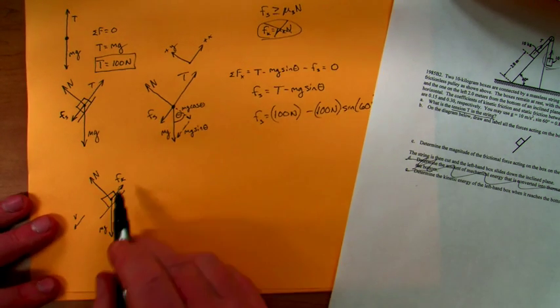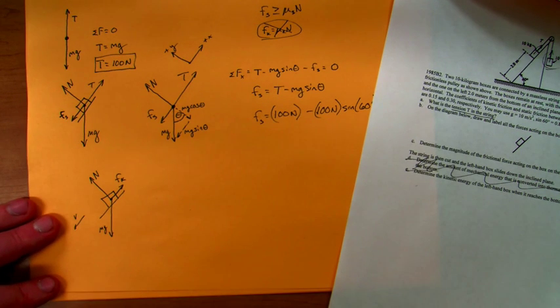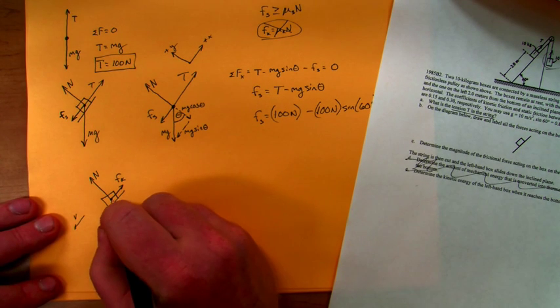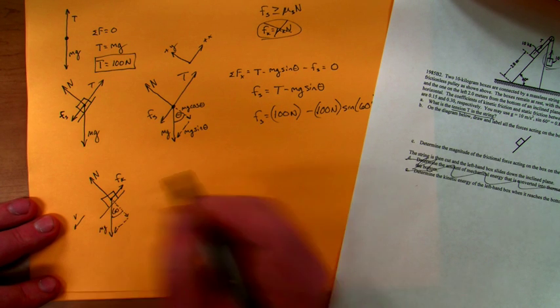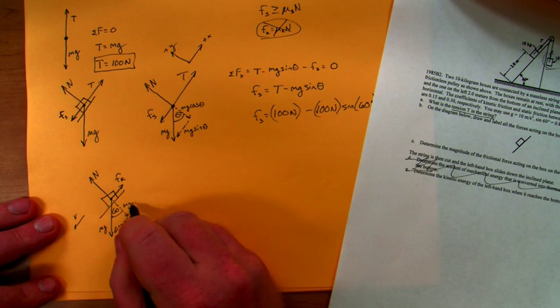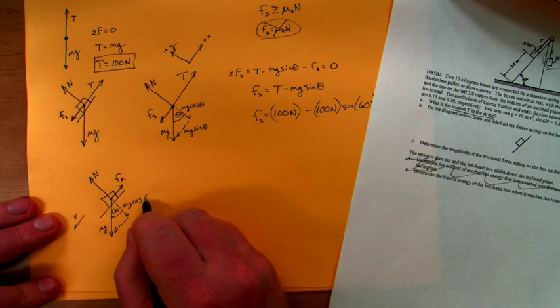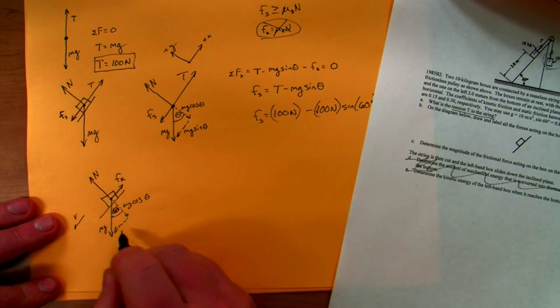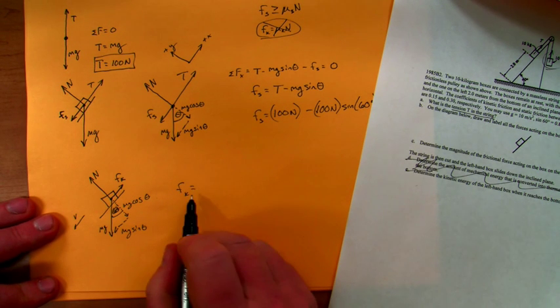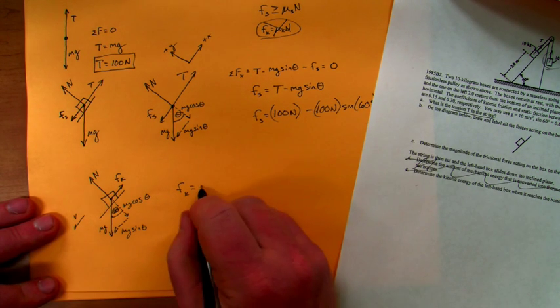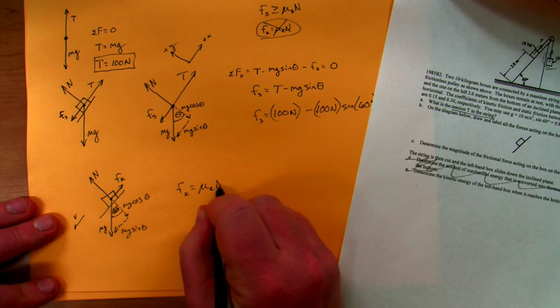So now if I want to know how much kinetic friction there is, there's a couple different ways I can solve this problem. I can look at this, and I know that this is 60 degrees. So this is mg cosine theta. And then this is mg sine of theta. I know that kinetic friction is an equation with an equal sign. Coefficient of kinetic friction times the normal force.